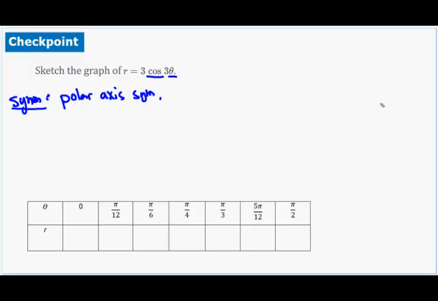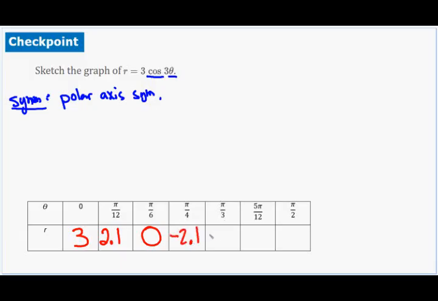Okay, let's see what we got here. When a 0 goes in, a 3 comes out. Pi over 12 gives us 2.1. Pi over 6, we get a 0 out of there. Pi over 4 is negative 2.1.